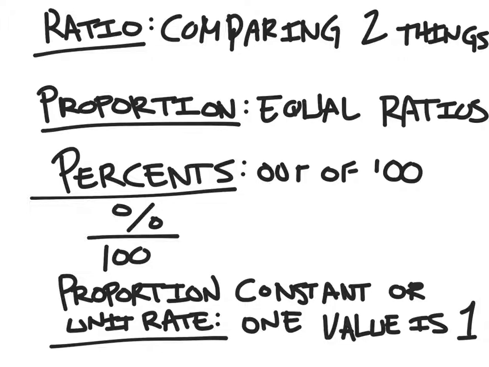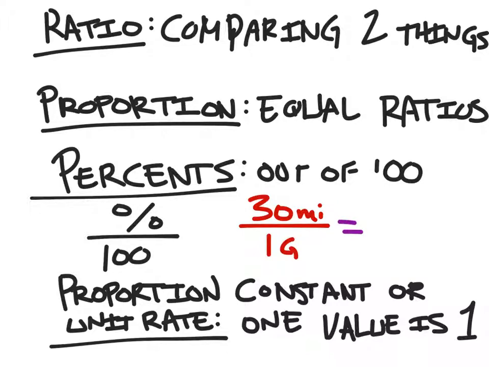So like last time, for example, when we looked at Roman in his car, he was going 30 miles for every 1 gallon. So that was the proportional constant, 30 miles per gallon, which is also the unit rate, because see how one of the values is a 1? Since one of the values is a 1, we can scale this.